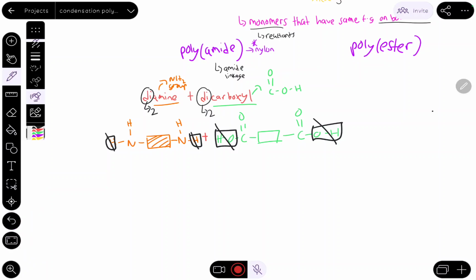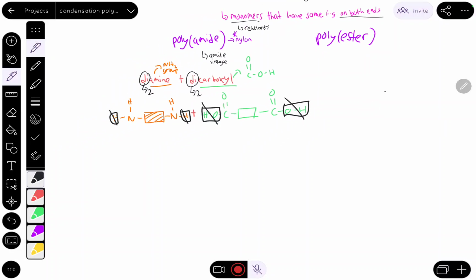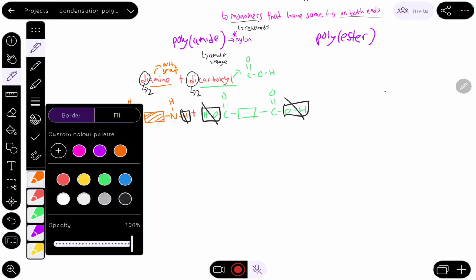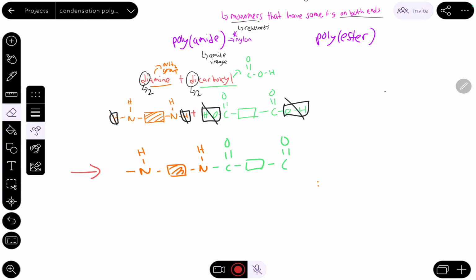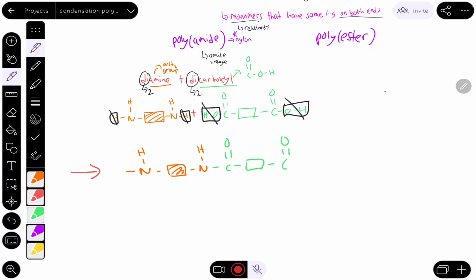Now I draw an arrow here. This will give us, we just copy and paste exactly. So now we have your shaded box, NH, then NH, then CO. Basically this is how I would draw it.